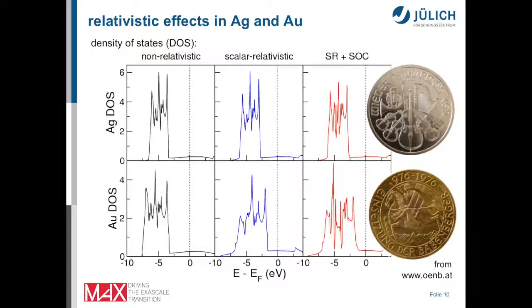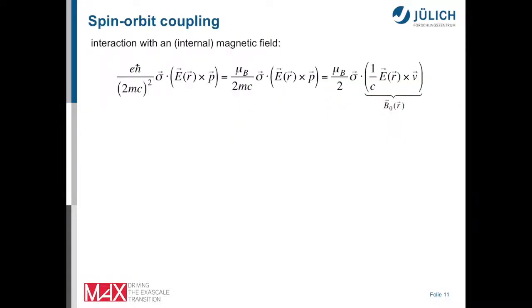Now, after these remarks on the scalar relativistic approximation, let's focus on the spin-orbit term, which I have shown you before. So, this term of the Pauli equation has the form of a triple product.